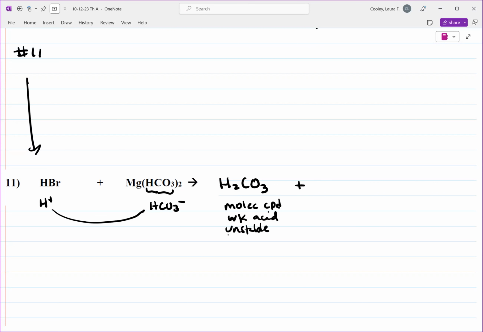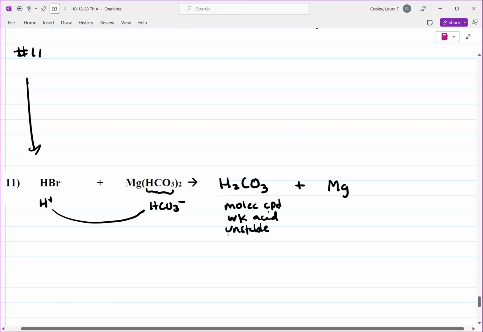Okay, and then the other ions, what is the other product here? Yeah, magnesium bromide, which is, what's the formula for it? Is that right? No, Mg is 2 plus. Yeah.